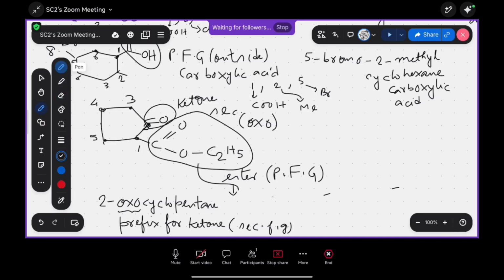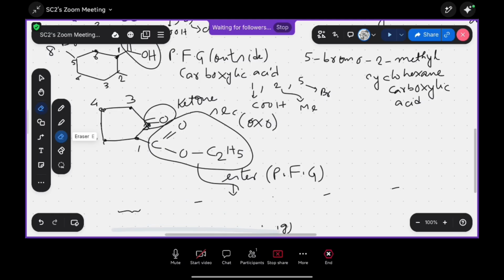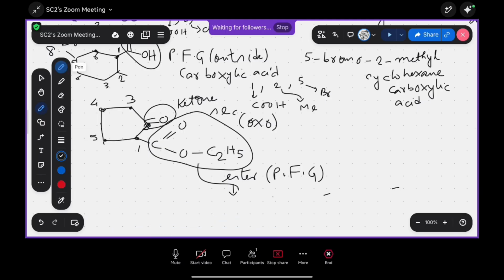Carboxylate. Just a minute, a slight mistake. When we write the name of an ester, we write R dash first. R dash means the alkyl group attached to the oxygen atom of the ester. We have an ethyl group here. So we will write ethyl first. After ethyl, we give a space.